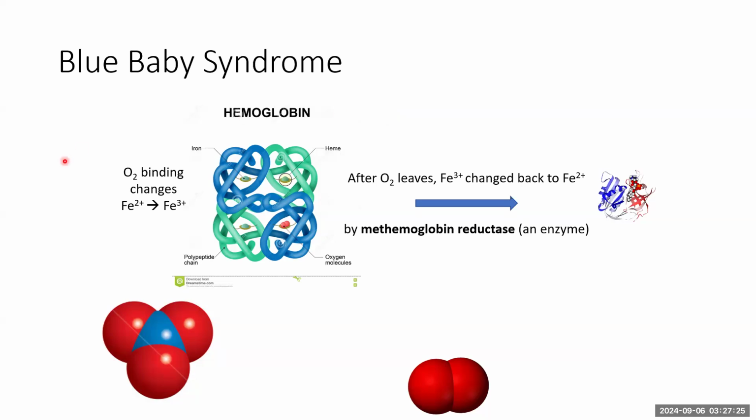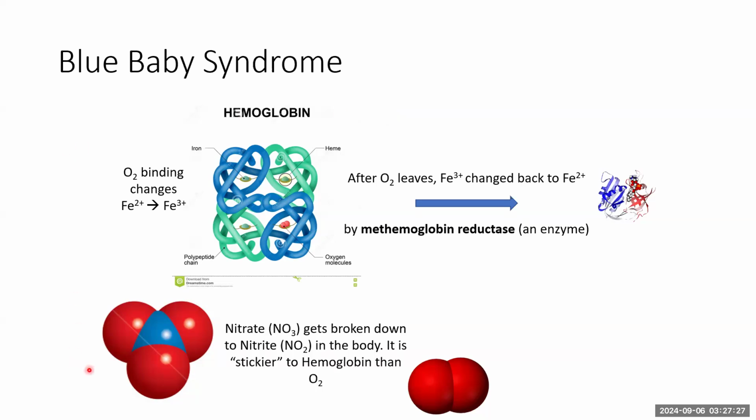Now we introduce nitrate. So nitrate, NO3, in an aqueous environment does not exist as NO3 for very long. It very quickly gets broken down into this substance known as nitrite, NO2. NO2 is much stickier to hemoglobin, to that heme, than oxygen is. And especially if you've still got your baby infant hemoglobin, it's extra sticky.